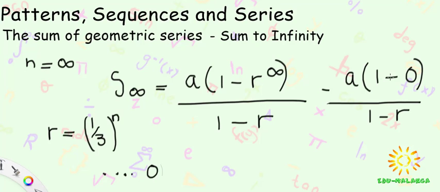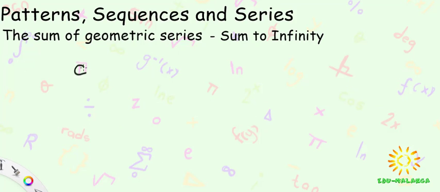And what happens with 1 minus 0? You simply get 1. So in the end, the sum to infinity, when you're summing an infinite number of terms, is equal to a divided by 1 minus r. That's a very simple formula, right, guys? I hope you'll be able to remember it.